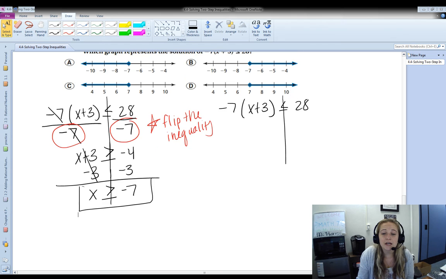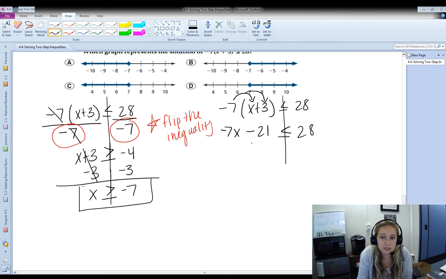So now I'm going to show you how to do that another way. So you could also just do it the typical way that you probably know, which is to distribute. So that would give you -7x, and then -7 times 3 would give you -21 is less than or equal to 28. Again, for this one, it's just a 2-step equation. So you'd add 21 first, add 21.